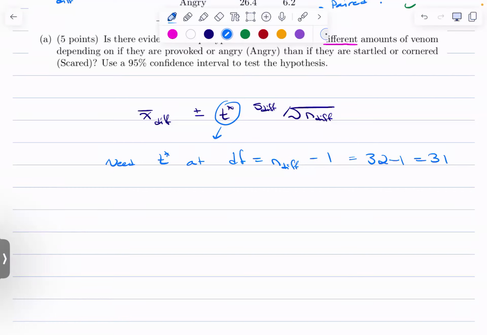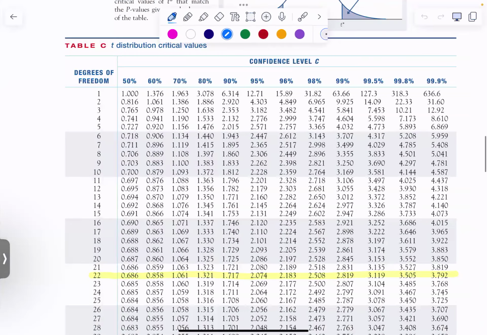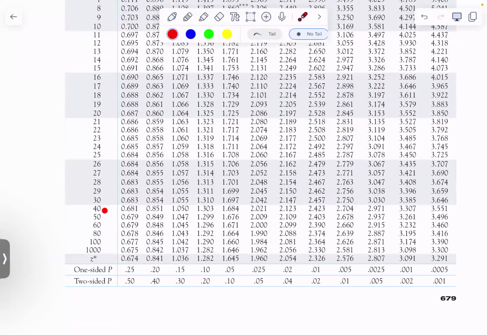Now I go to my T table because I need my critical value, T star. Let's go. I try to find 31 degrees of freedom, but I'm choosing between 30 and 40, and you always have to round down. And physically up in the table, which is confusing, but you always round down. Okay? So we have 30 degrees of freedom.